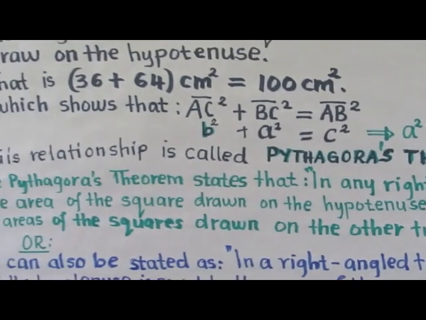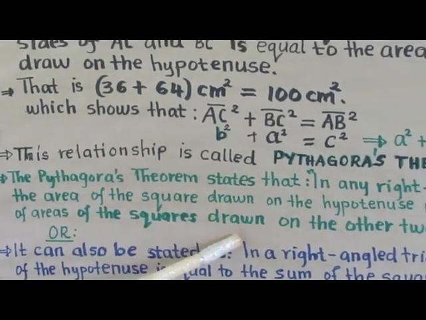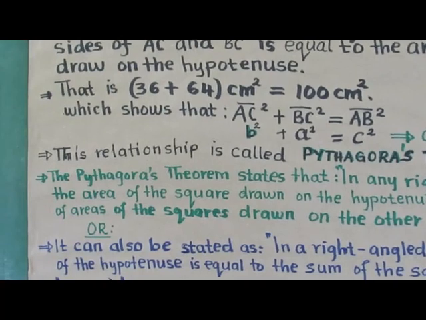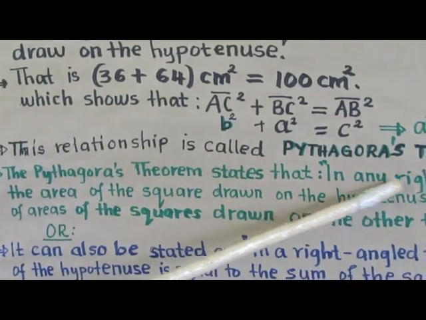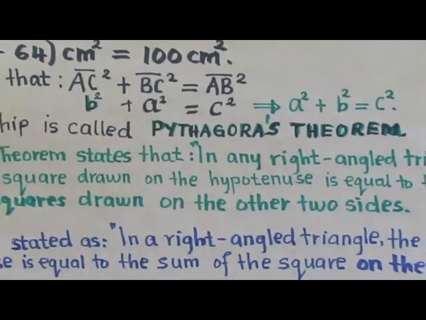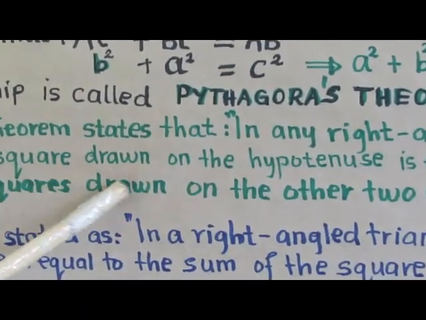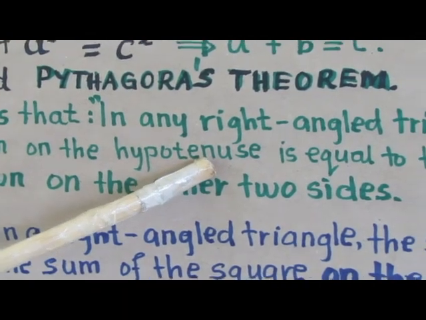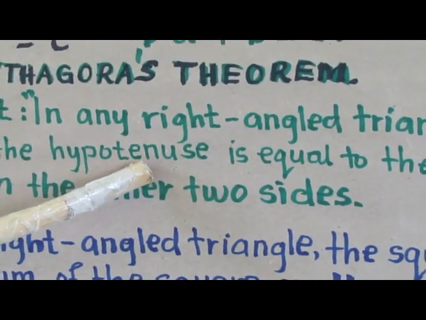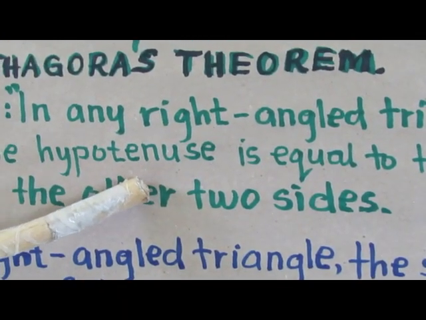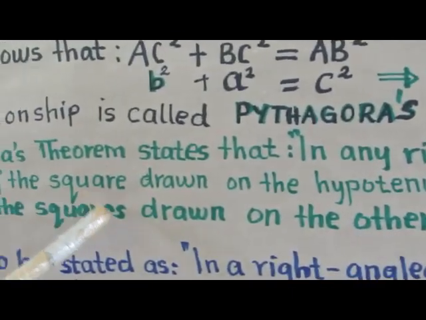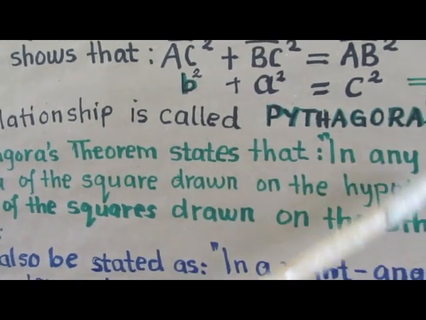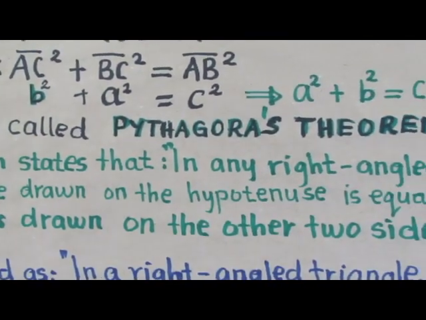Now we can state the Pythagoras theorem. Who can state the Pythagoras theorem according to this relation here? In any right-angled triangle, the area of the square drawn on the hypotenuse is equal to the sum of the squares drawn on the other two sides of the triangle.